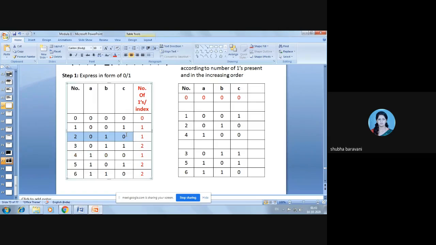What remains? The index of 3 is 2, the index of 5 is 2 and the index of 6 is 2, so I have written 3, 5, 6.